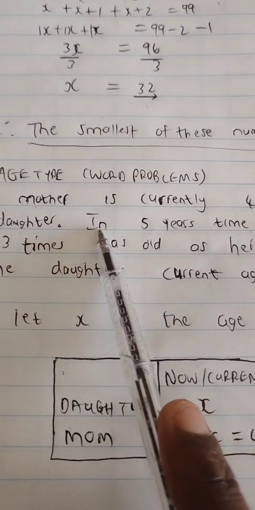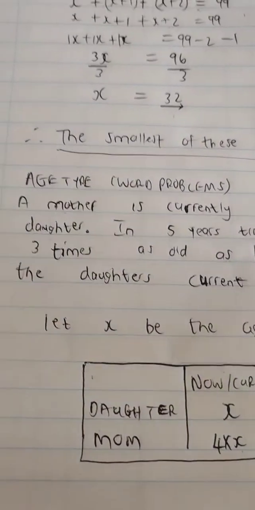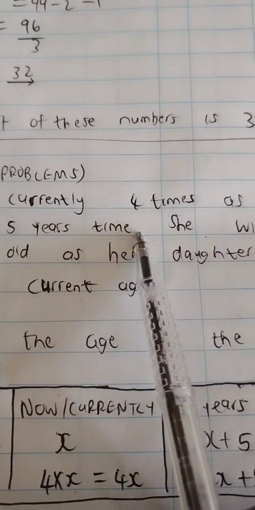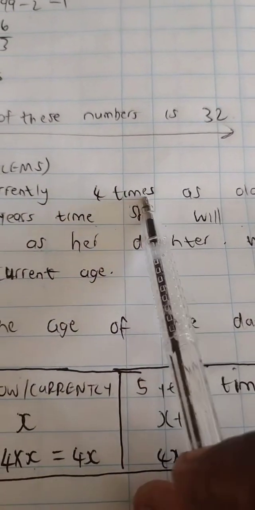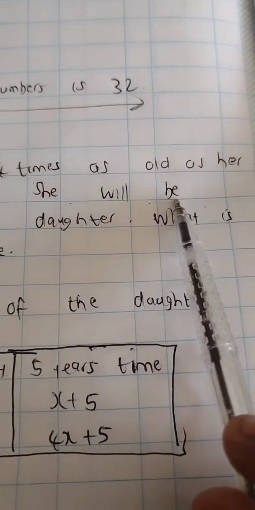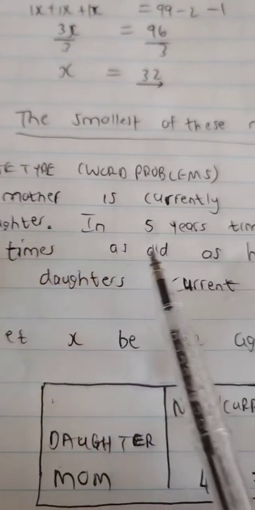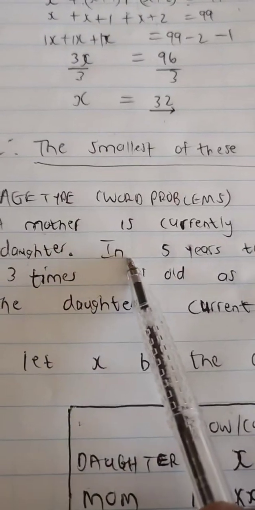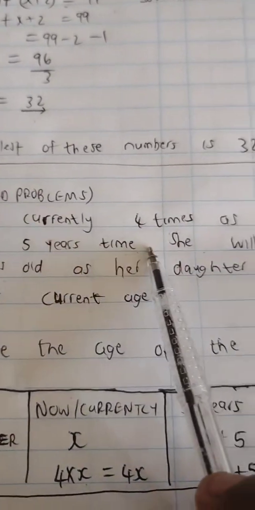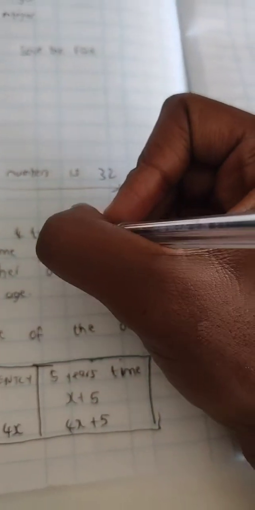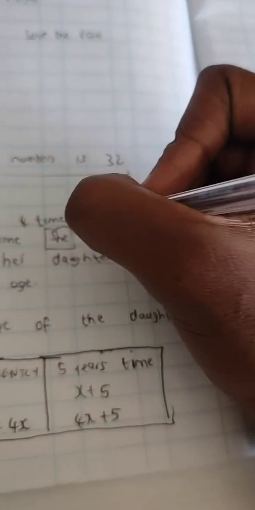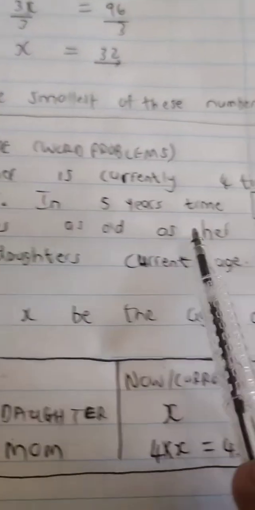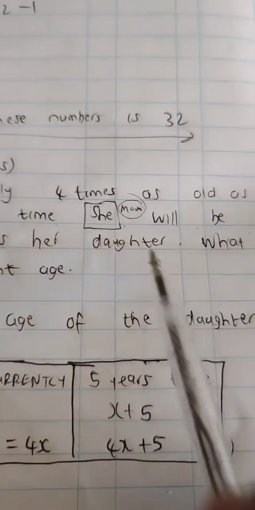Now, in the hopes of setting up our equation, let's reread and set up a reasonable equation which we can solve. In 5 years' time, she, speaking of mommy dearest, will be 3 times as old as her daughter.